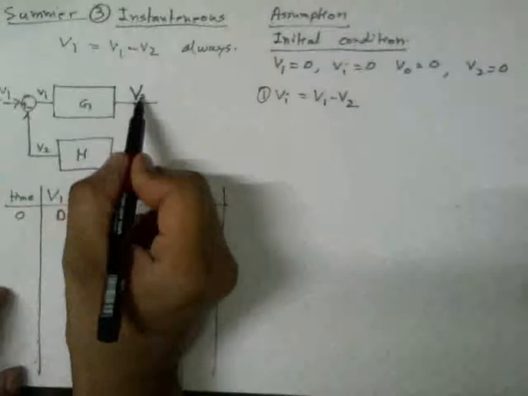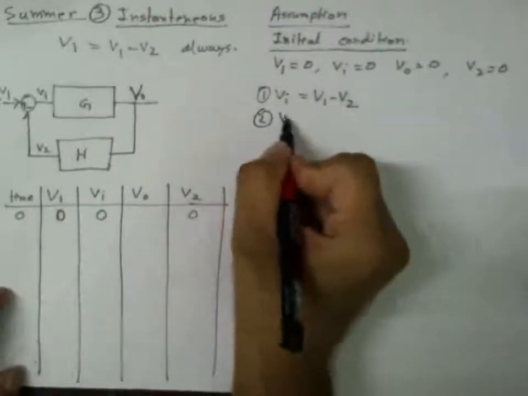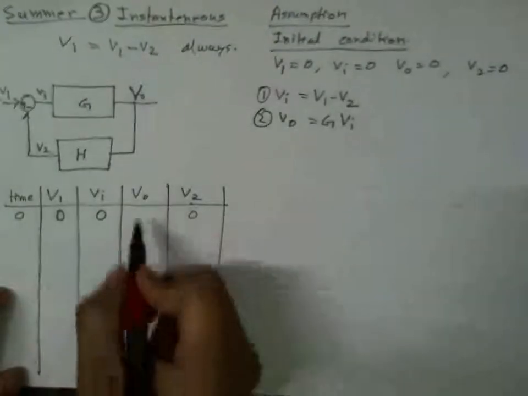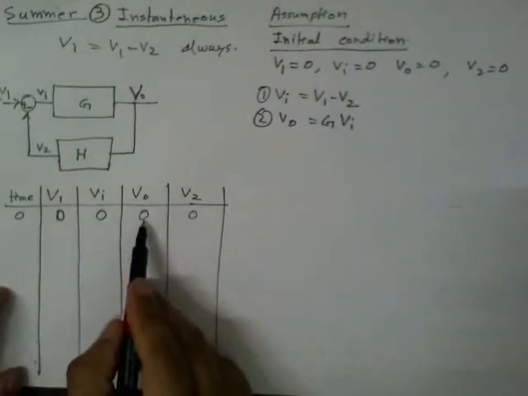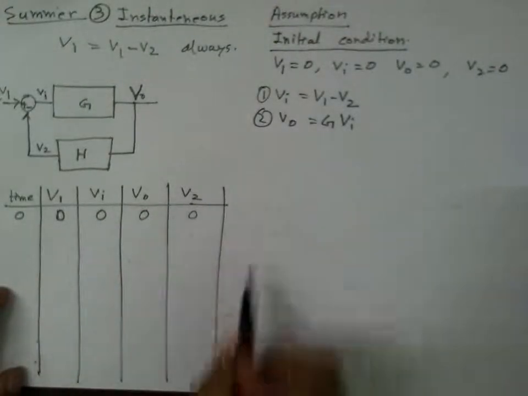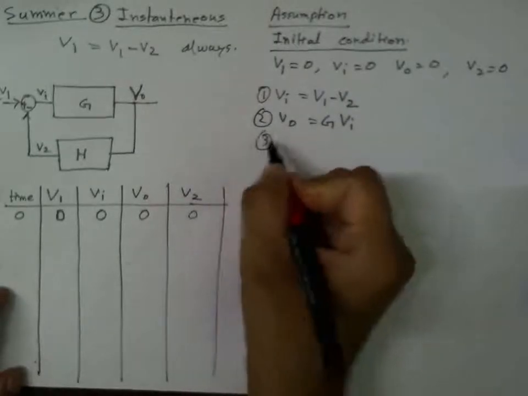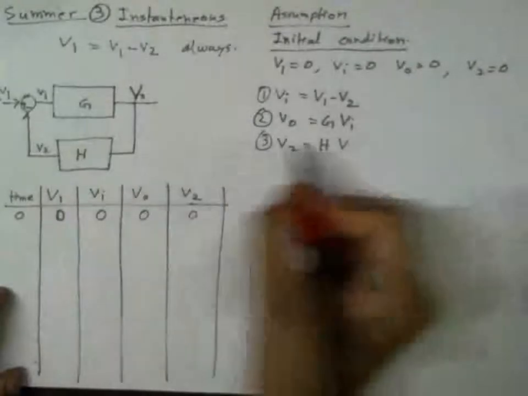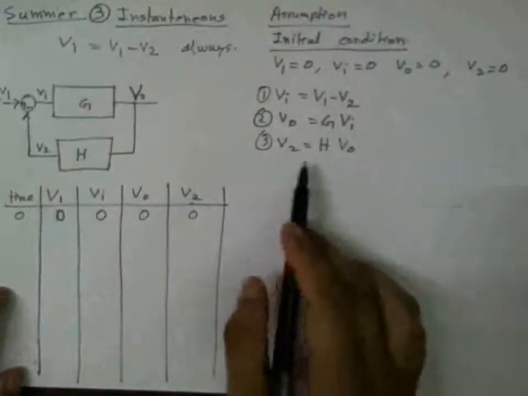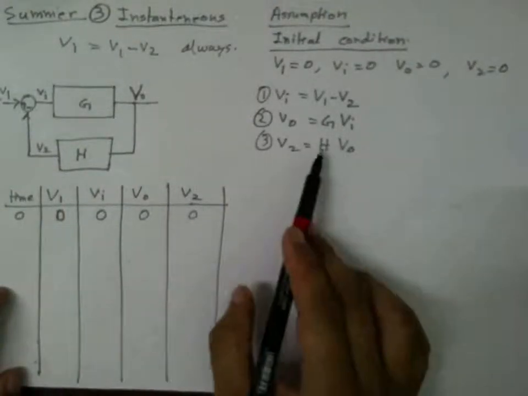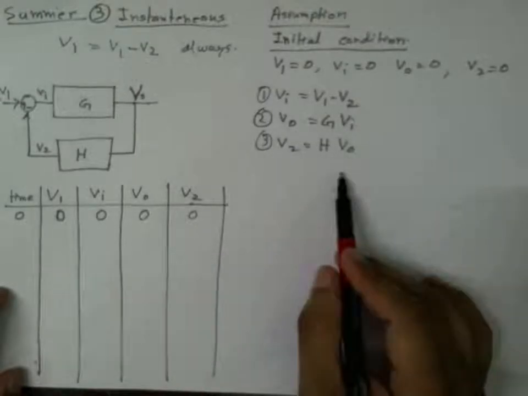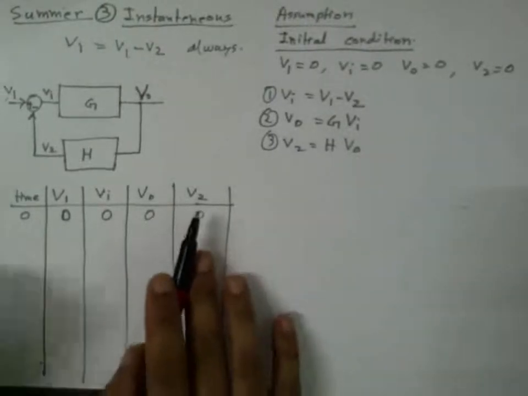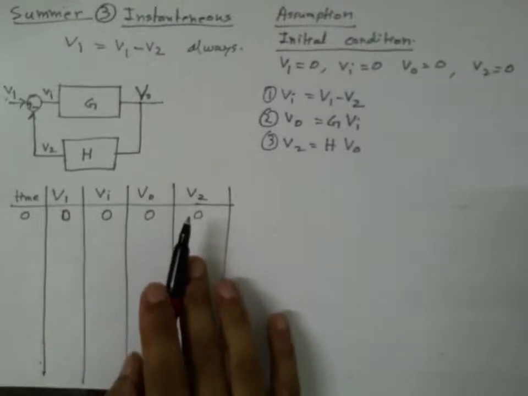And then Vo should be G times Vi. So then Vo also should be 0, right? And then V2 should be H times Vo. So now let's see, V2 is 0. Yeah, so all these equations are satisfied. So this is a self-consistent assumption. I can make this assumption, no problem.